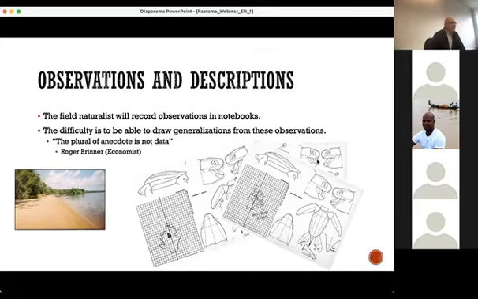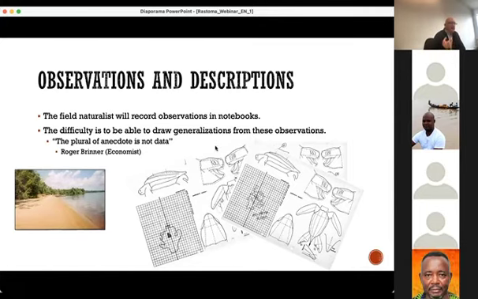The difficulty is if you stop here, this is not science. If you stop at the position where you describe the world, you cannot make generalization. There is a sentence that I like: the plural of anecdote is not data. This is anecdote.